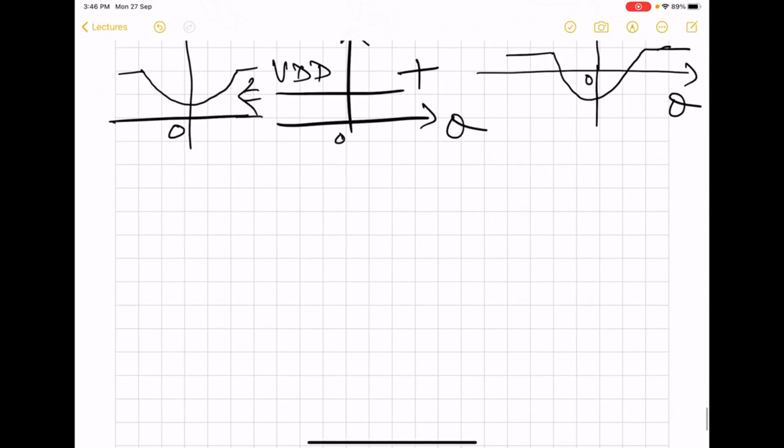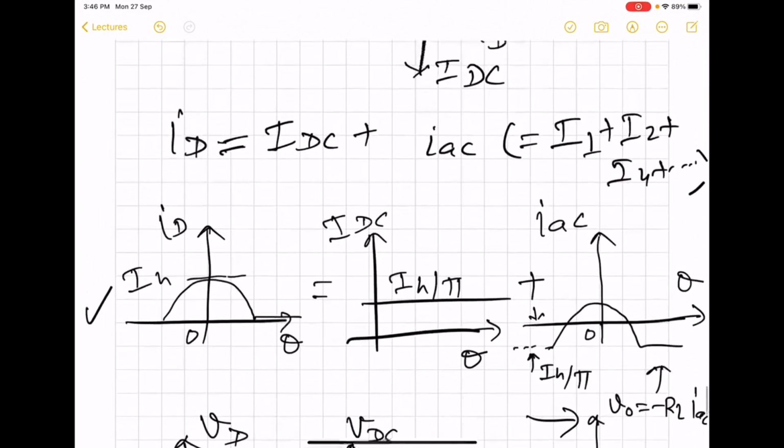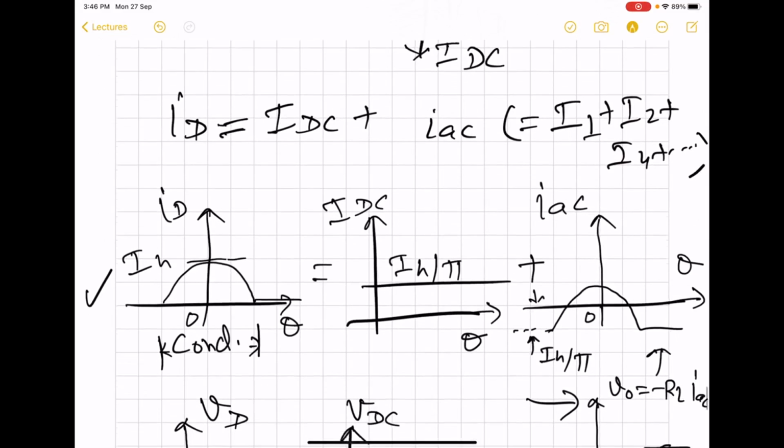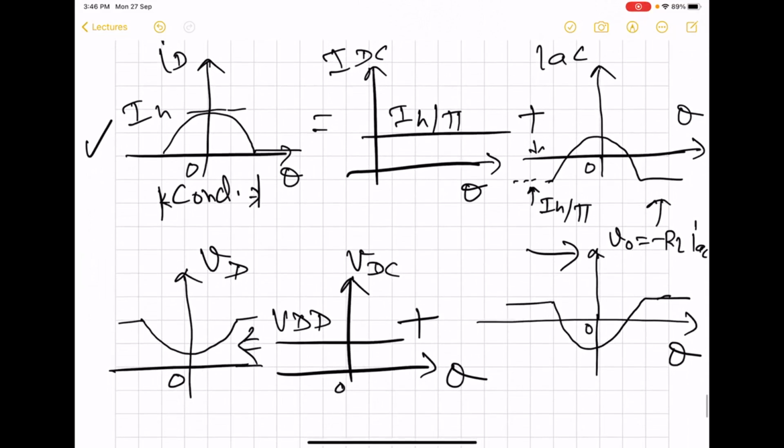Okay. So here, what we found is that the MOS conducts only during one half of the cycle, and it is off during the next half of the cycle. So we can put another MOS in such a way that the second MOS also conducts during the second half, but it is off during the first half.